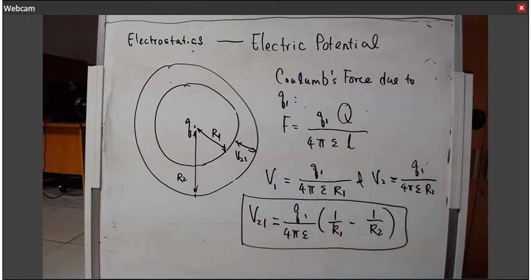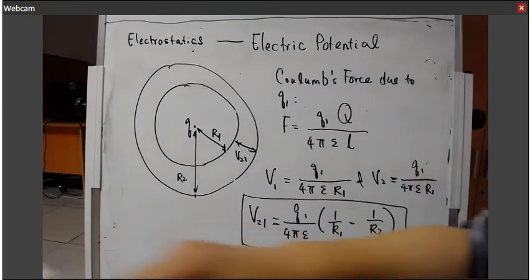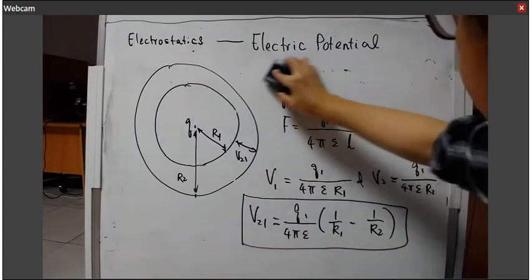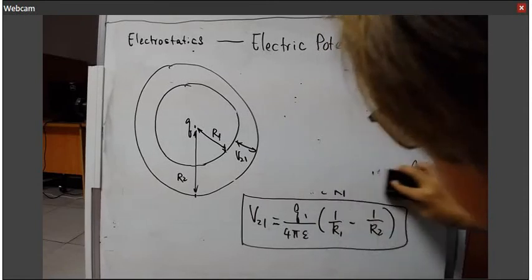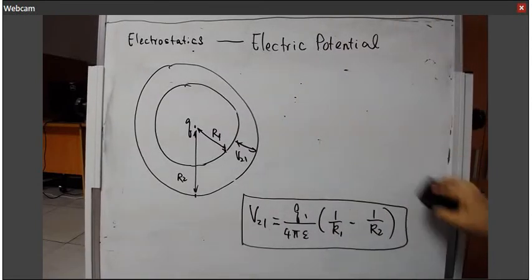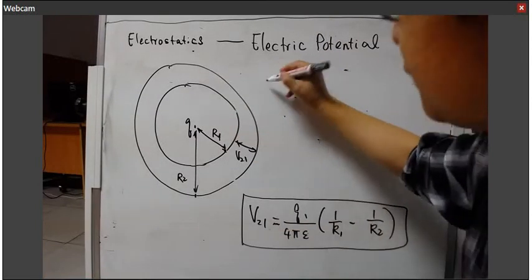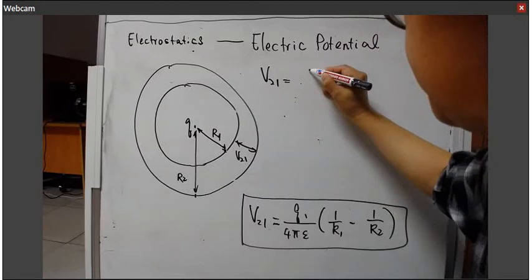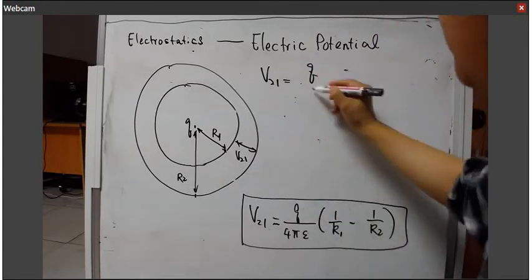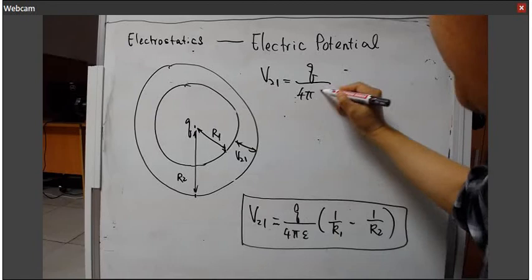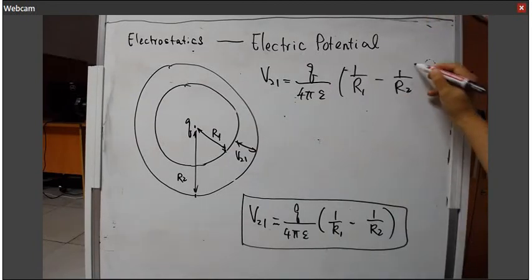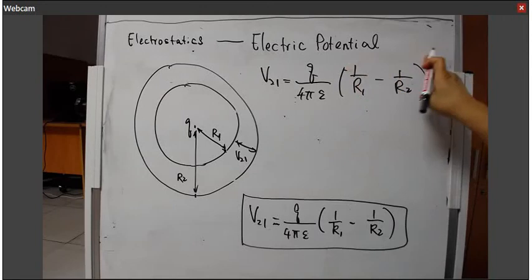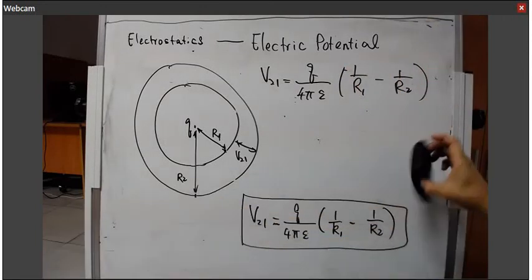What we can do is, in this case, let's write down the important result. We know that V21 is equal to Q divided by 4 pi epsilon, and then 1 over R1 minus 1 over R2. So this is the important finding.